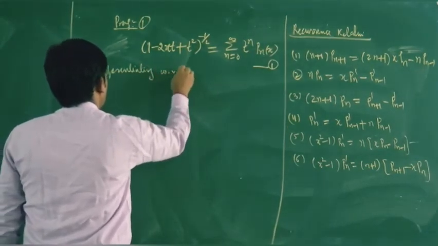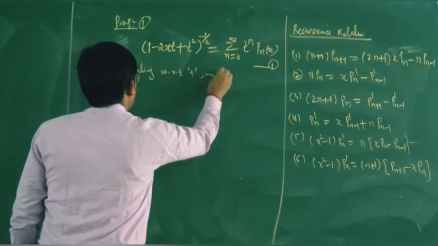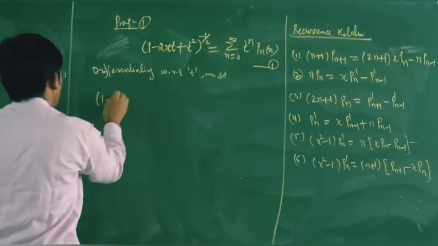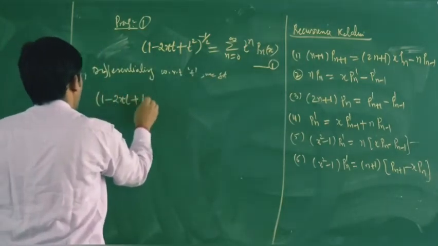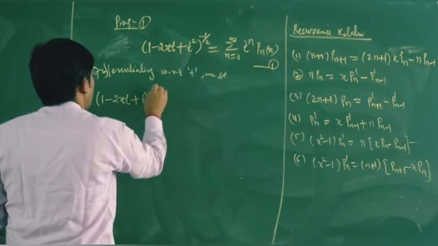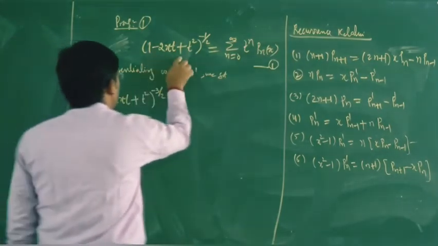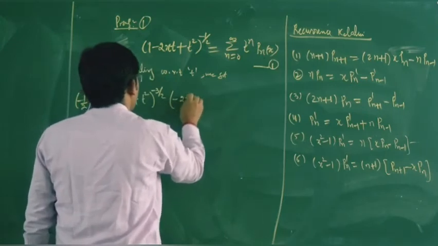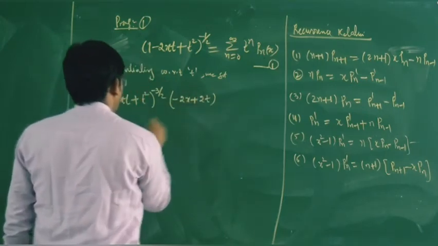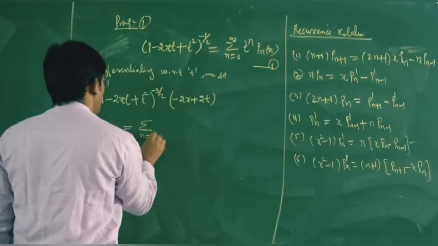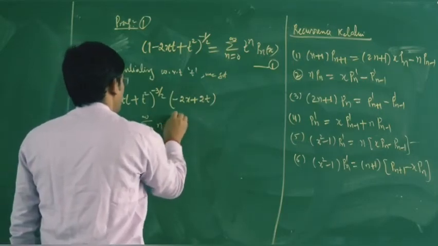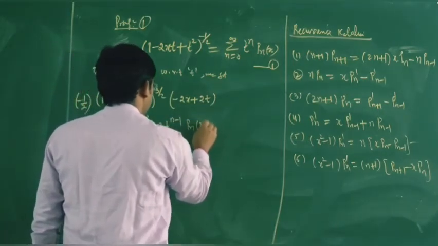Differentiating with respect to t, we get (1 minus 2xt plus t square) power minus 3 by 2 into minus half. Then the differentiation of this bracket will be minus 2x plus 2t. And in the right hand side we have the sum from n equal to 0 to infinity of n t power n minus 1 into P_n(x).